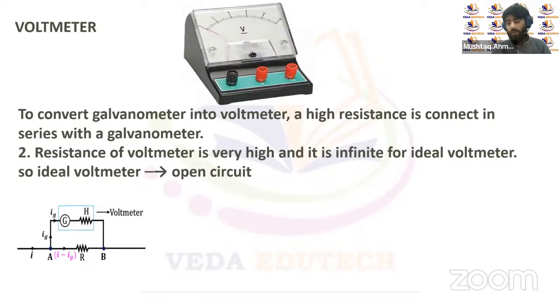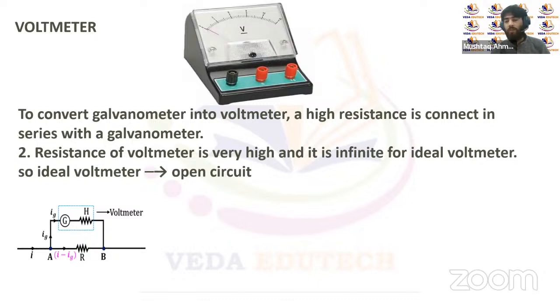Ideally speaking, we can make the resistance of this voltmeter equal to infinity, but that's not actually possible. That's the ideal situation. So for an ideal voltmeter, we should have the resistance equal to infinity. In that case, the ideal voltmeter will behave as an open circuit. Why?